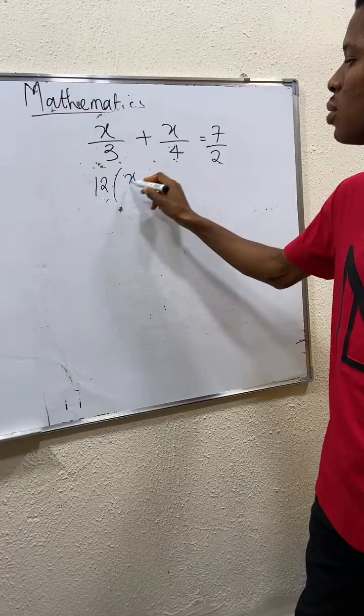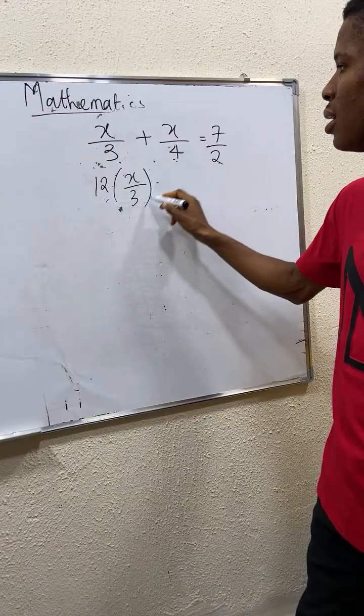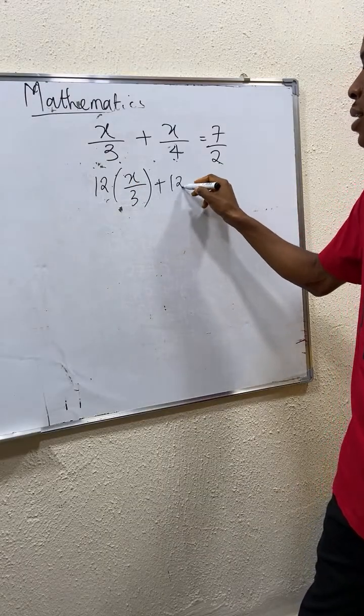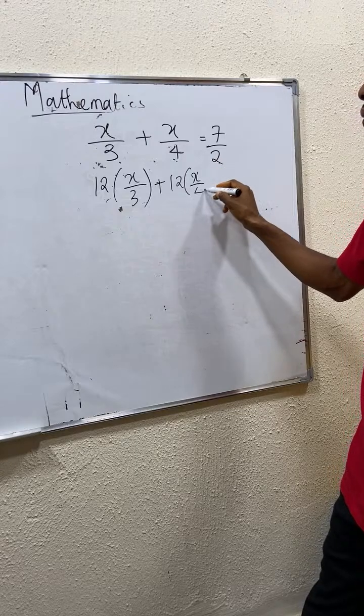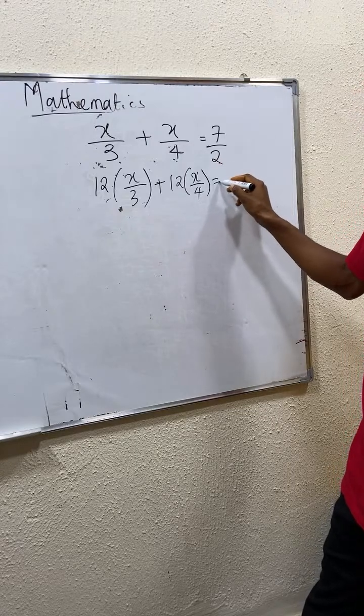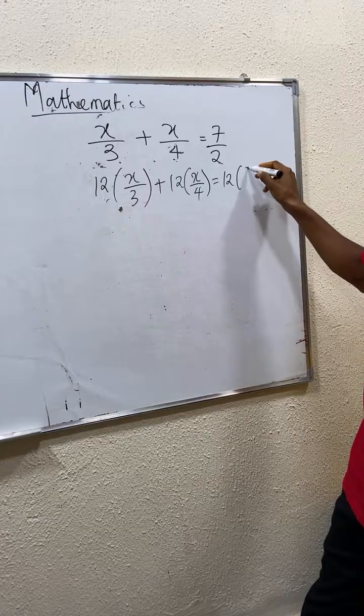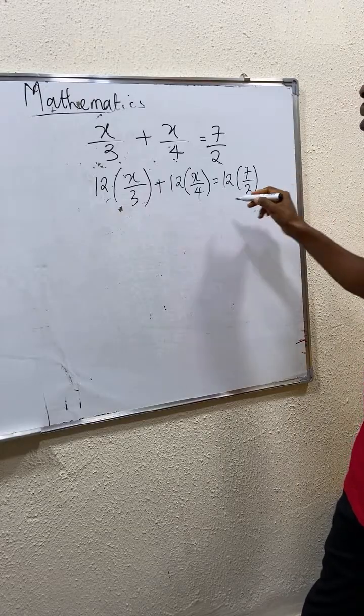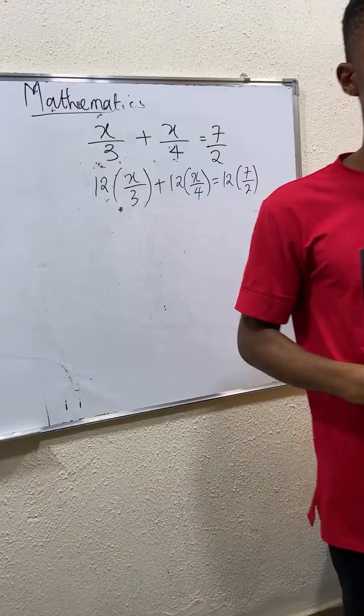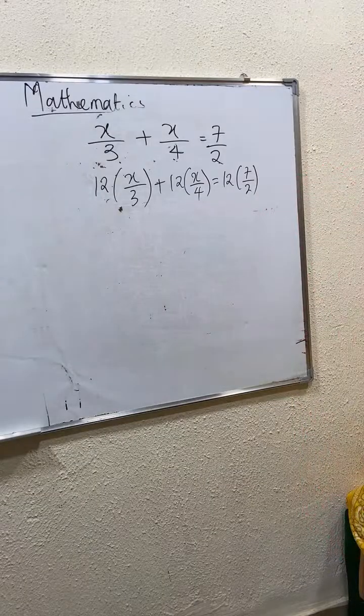So we multiply 12 by x over 3, then plus, we multiply 12 by x over 4, then equals, we multiply 12 by 7 over 2. The reason why we are doing this multiplication is to clear the fraction. Okay? The reason for the multiplication is to clear the fraction.